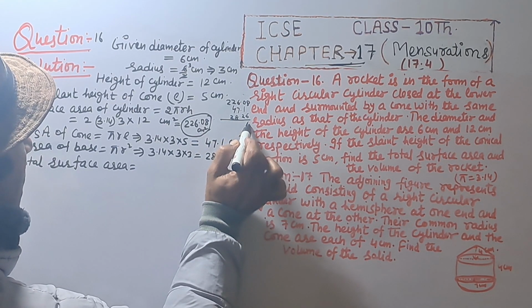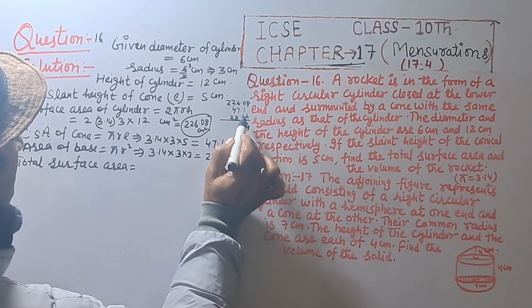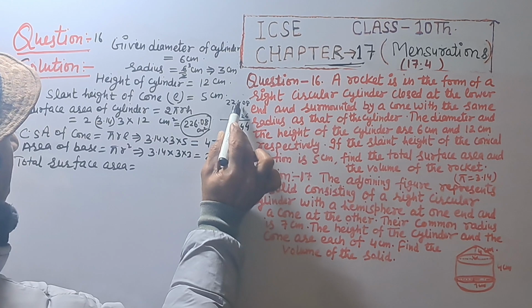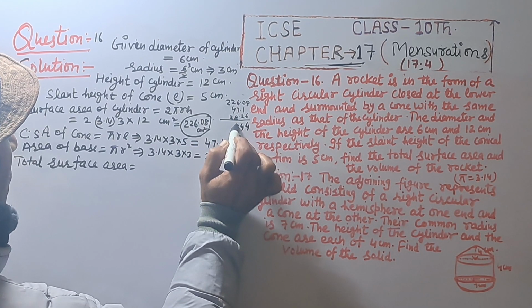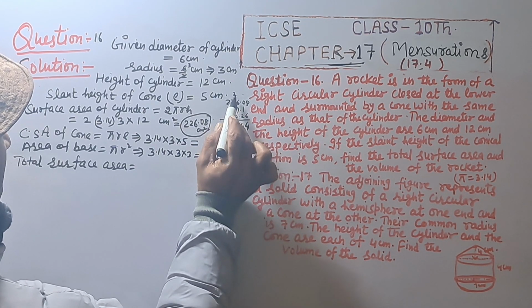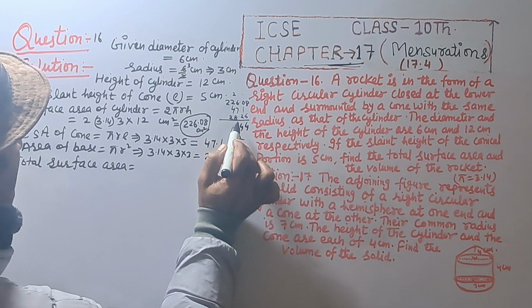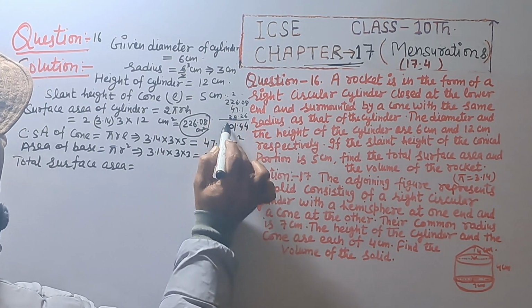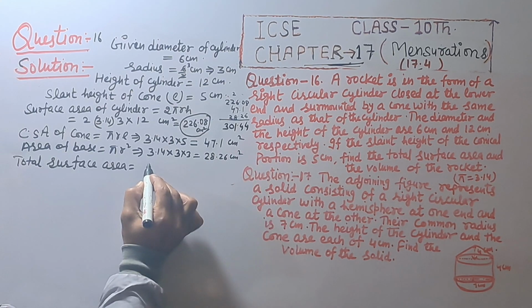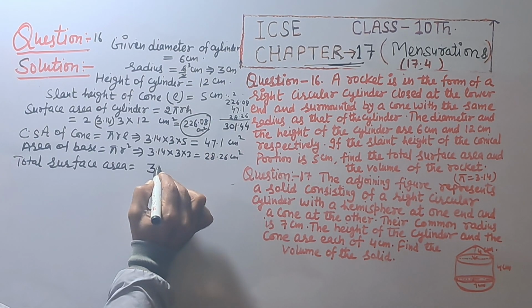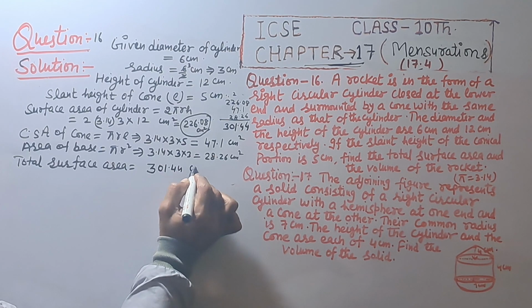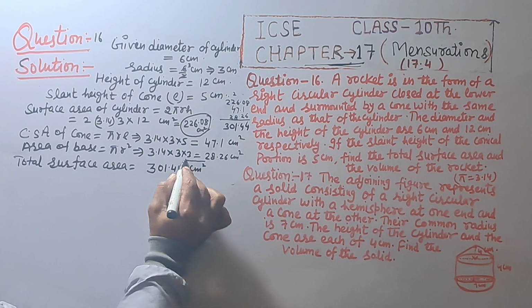Adding them, we get total surface area is 301.44 centimeter square.